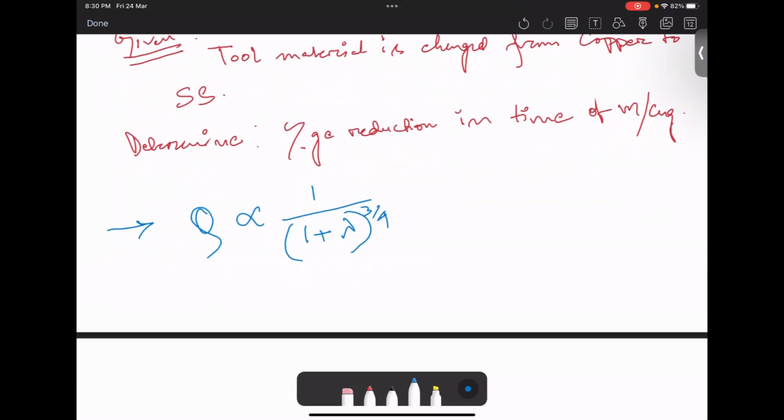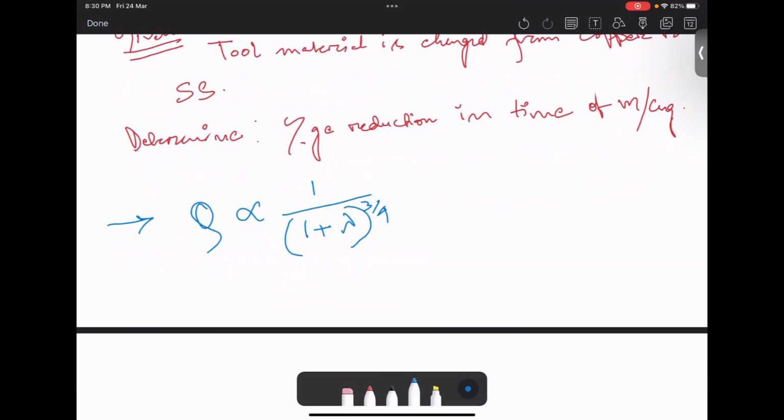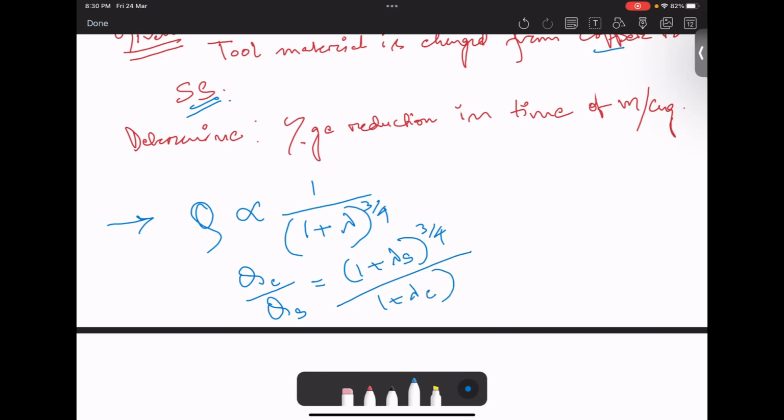So using this concept, when it is changed from copper to stainless steel, QC divided by QS is given by (1 plus lambda for stainless steel) to the power 3/4 over (1 plus lambda for copper) raised to the power 3/4, which is almost equal to (lambda S by lambda C) raised to the power 3/4, right?